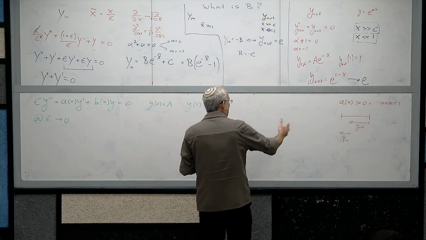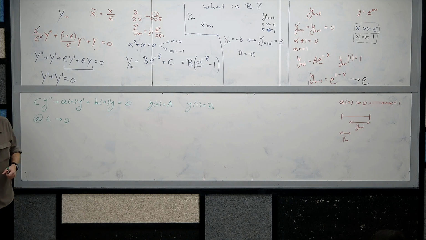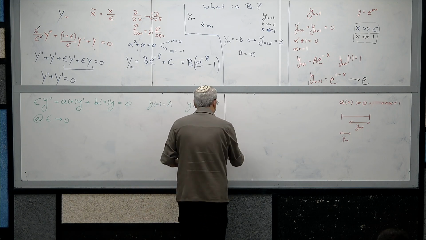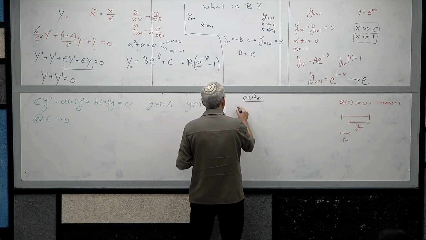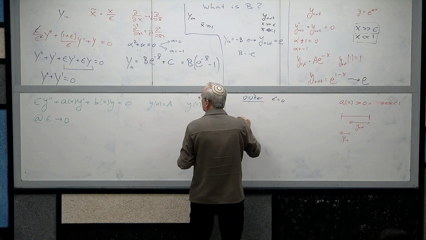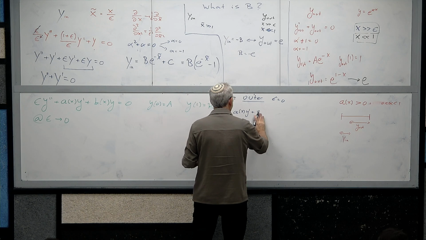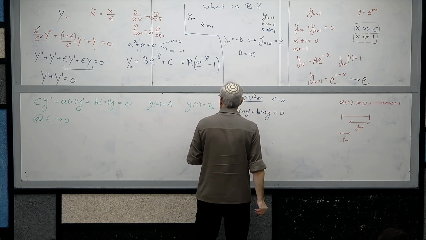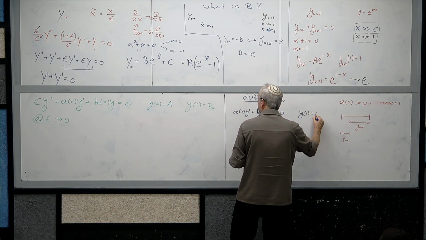So what I'm doing in the outer regime, as explained, in the outer regime, I simply take epsilon to 0. So my equation is a of x y prime plus b of x y equals 0, with y of 1 being b.